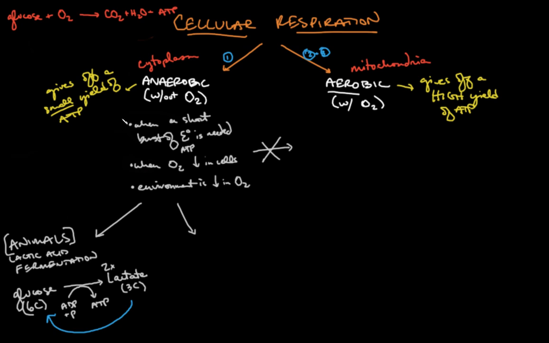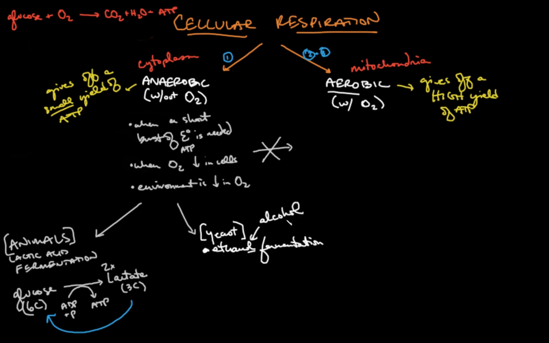Alternatively, in yeast, a single-celled fungus, we get what I'm going to call ethanol fermentation. If you remember from chemistry, ethanol with an OL ending refers to an alcohol, right?